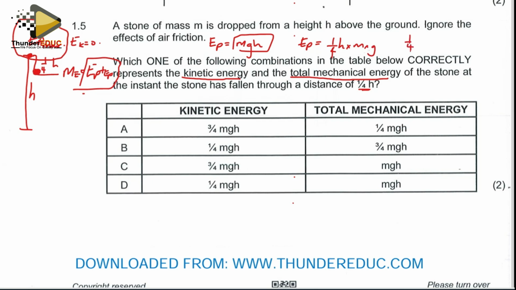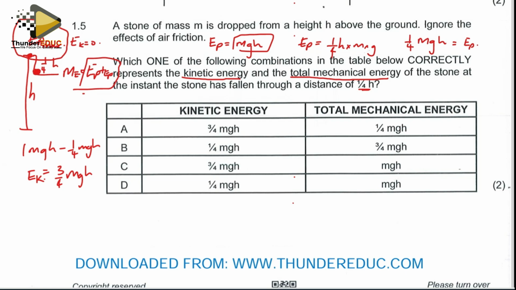So which means it's a quarter mgh. This is our EP. Now for us to get the EK, we just need to subtract this from this. So that is 1 mgh minus a quarter mgh, which gives us 3/4 mgh. So this is going to be my EK.